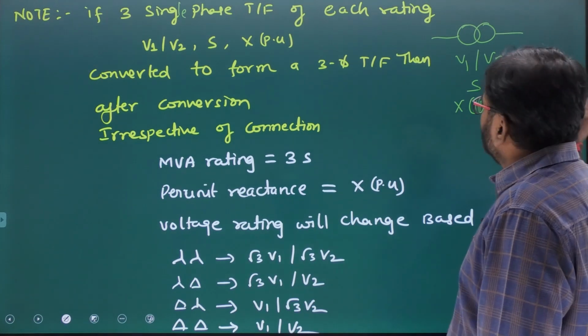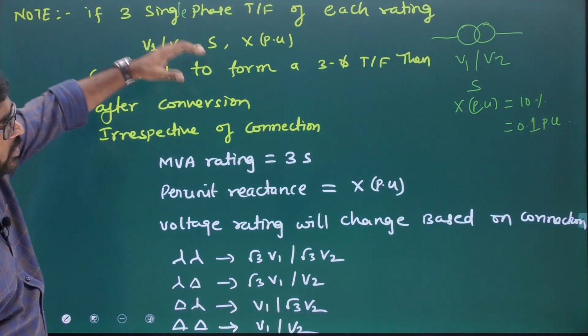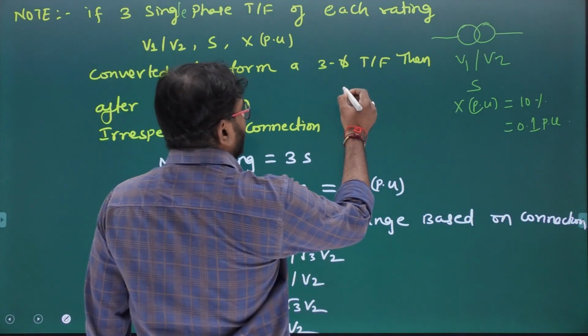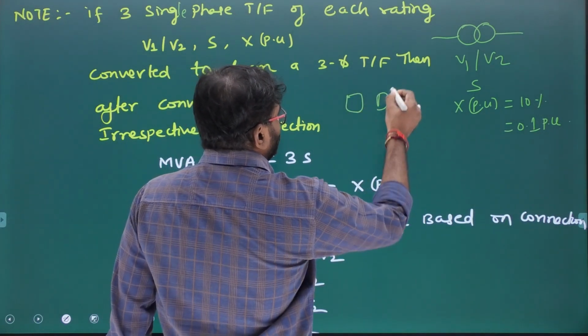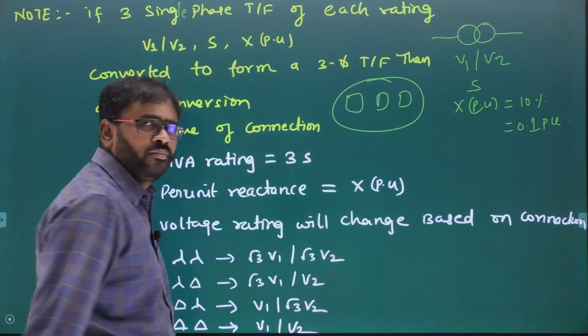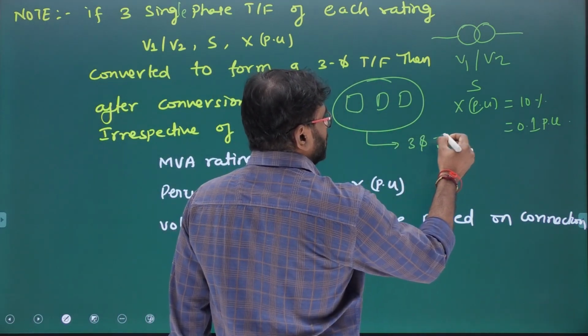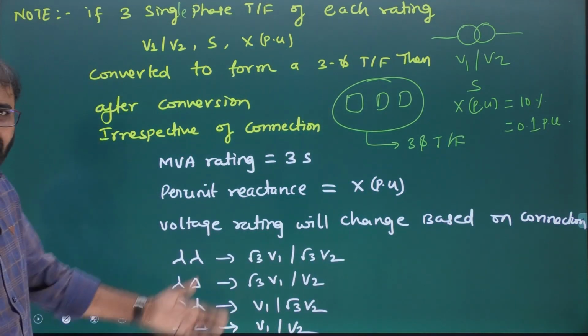Okay. If I convert these three single-phase transformers to form a three-phase transformer, that means I have three single-phase transformers, transformer 1, transformer 2 and transformer 3. I am just connecting these three to form a three-phase transformer. Three single-phase transformers I can reconnect to form a three-phase transformer, that I can do.